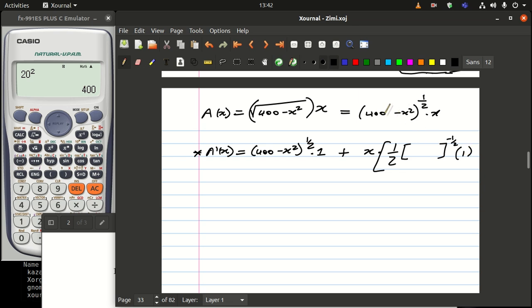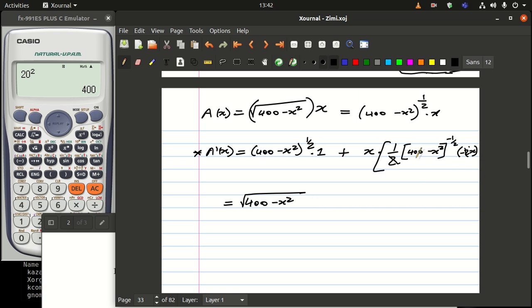But now we don't have an x here. We have 400 minus x squared. So we have to take the derivative of the inside, which is going to be minus 2x. That's how you end up getting this. The 2 is going to cancel with the 1 over 2. Of course, we'll have 400 minus x squared, which is a square root.